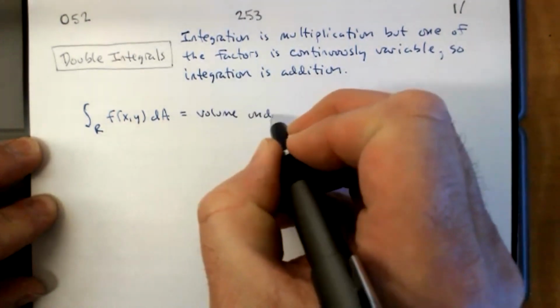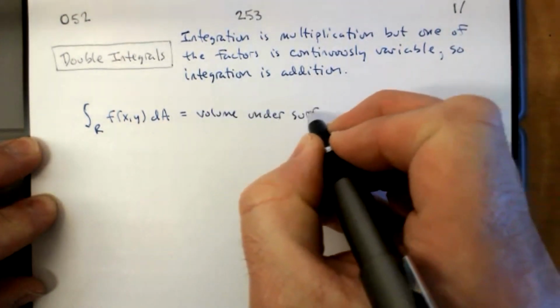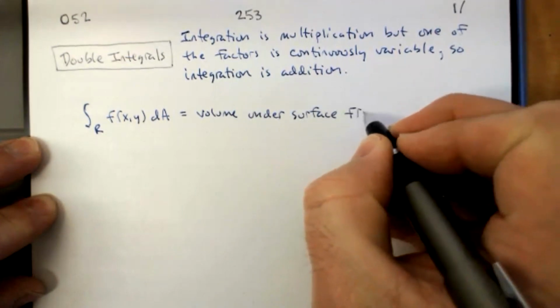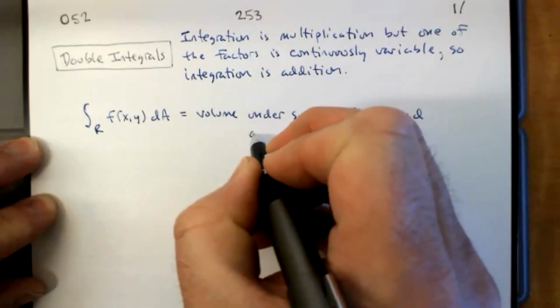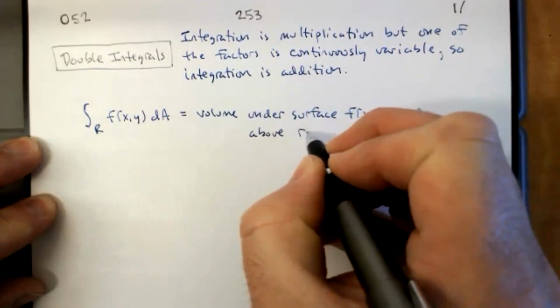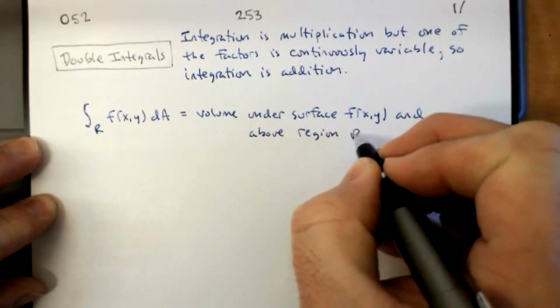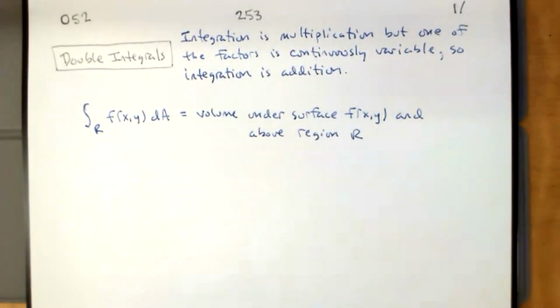So we're going to think of this as the volume under the surface and above the region R. What we need to do is evaluate that f of xy times dA at all the points in the region.